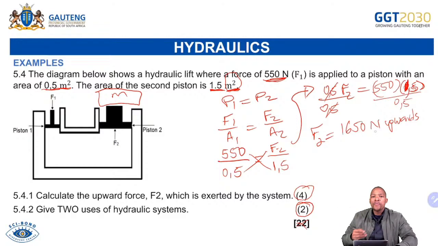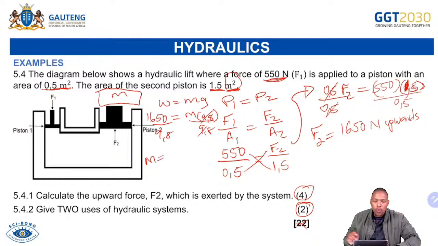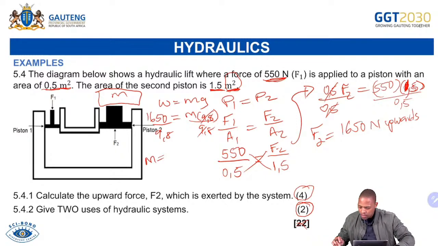It's the same as the first example we did for stress. The mass of this object you can get through the weight, where weight is equal to mg. We know the weight is 1650, equal to m times 9.8. Then you divide by 9.8 on both sides. For those who have encountered a question like this and struggled with it, this is simply how you do the question. You don't change anything, you calculate this very same way.